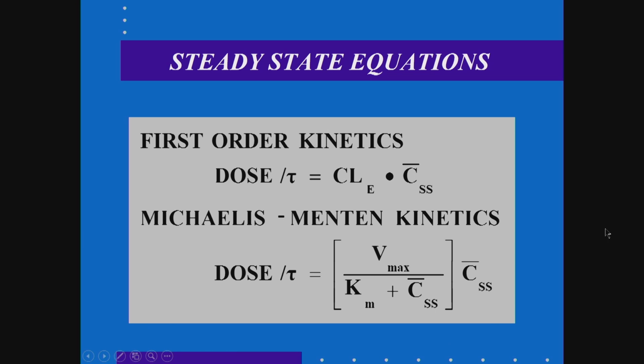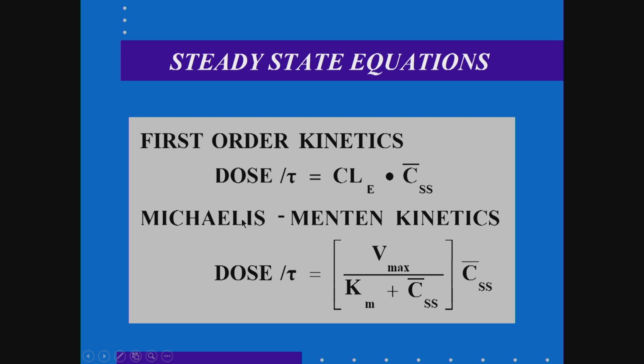So let's look again at our steady state equations. We're given a drug, if you will, at intervals orally, and this is the equation we described before for drugs that follow first order kinetics: clearance of elimination times the mean steady state concentration.